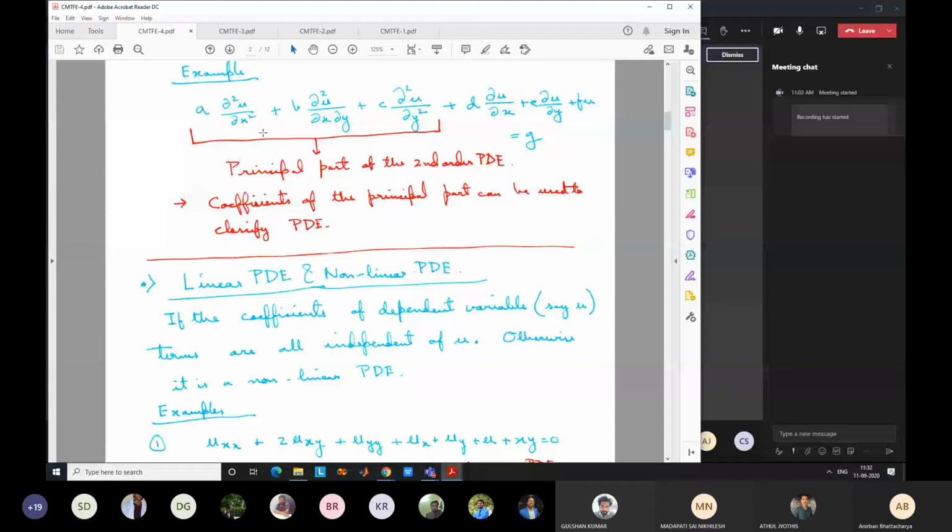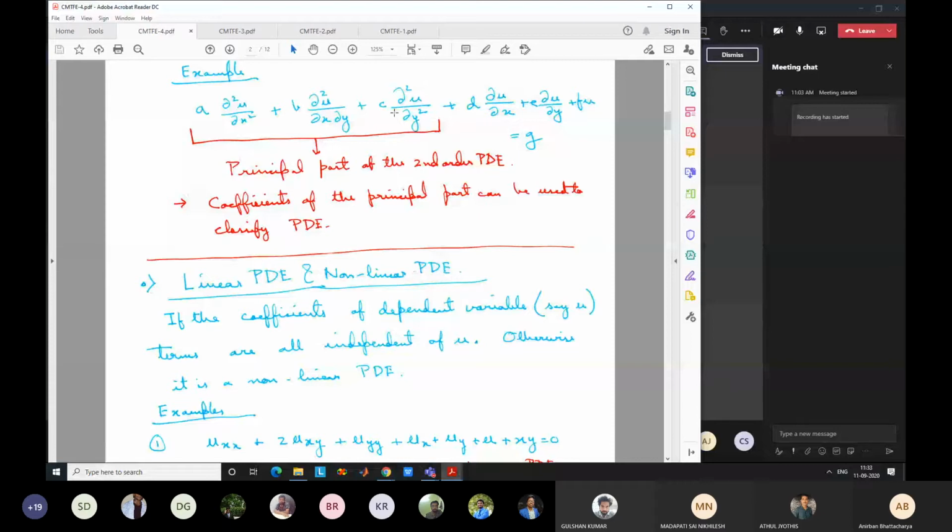Okay. So if these coefficients A, B, C are independent, this does not contain a function of u, the dependent variable u, then we will call this PDE a linear PDE. Otherwise, if any of these terms is a function of the dependent variable u, it is a non-linear PDE.